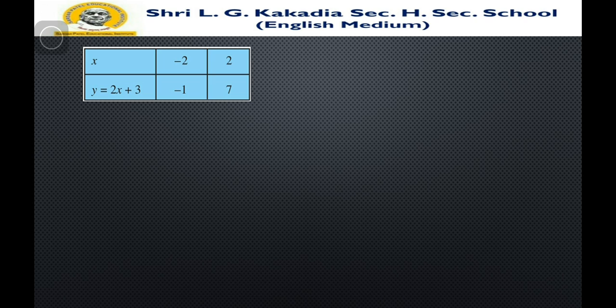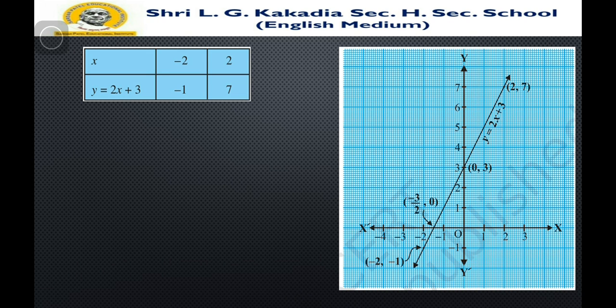Let me draw the graph passing through these 2 points and we get the graph of a straight line. Here you can see that the graph of the linear polynomial y is equal to 2x plus 3 is a straight line, passing through the points 2 comma 7 and -2 comma -1.